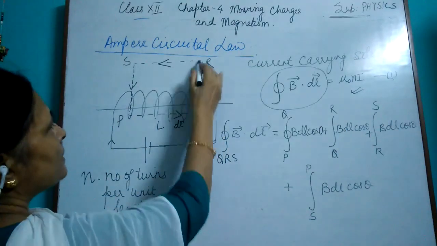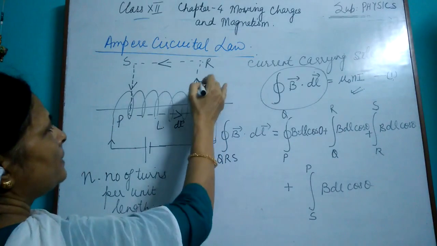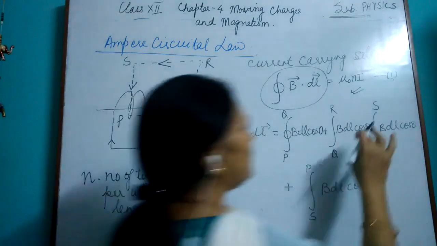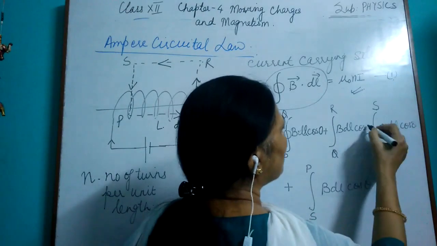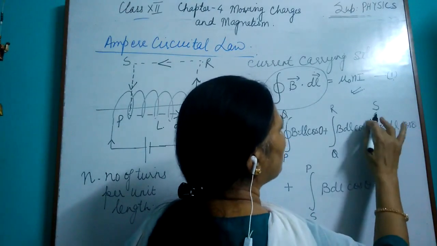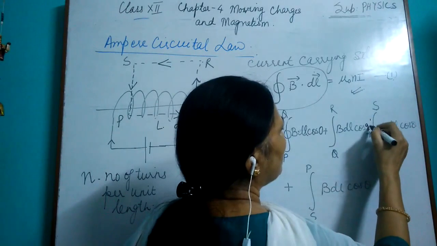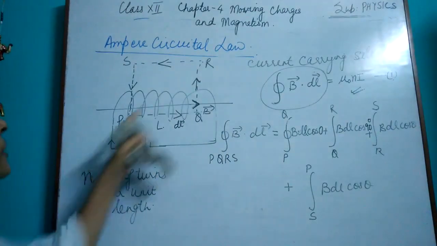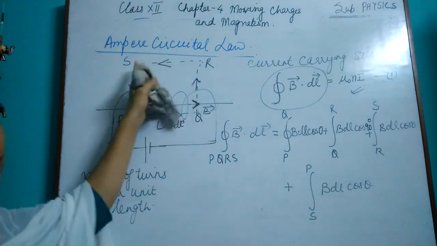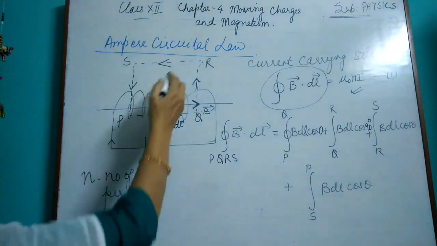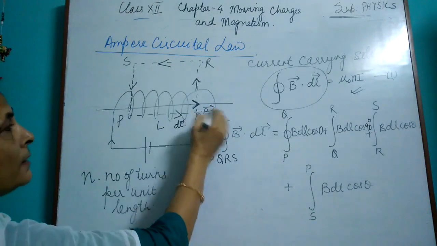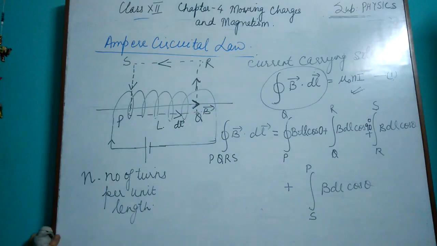Now come to this case. Direction of dl is this, magnetic field is this, angle is 90 degree. Come to this line. Here this is dl, the angle is 180 degree.